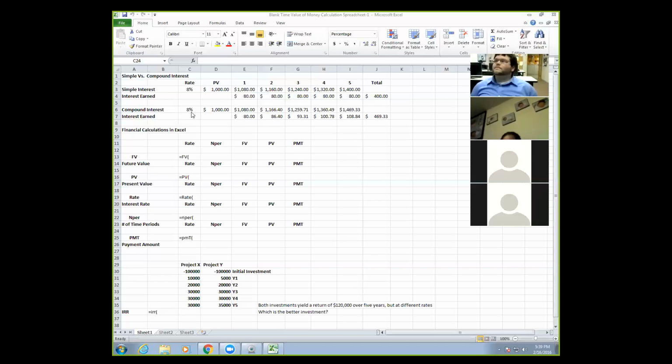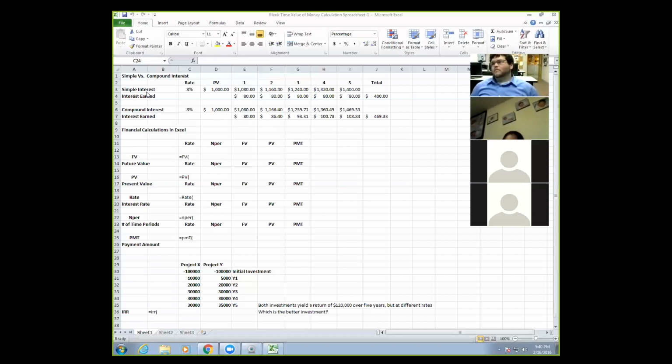You are earning 8% on $1,080 for the second year that you keep it in there. So that's what compounding means. You earn interest, which then goes back into the principal value, and then interest is calculated on this new value during that year. If you leave this money in there and it keeps earning 8%, every year you earn slightly more in interest because your value is increasing throughout the periods of time.